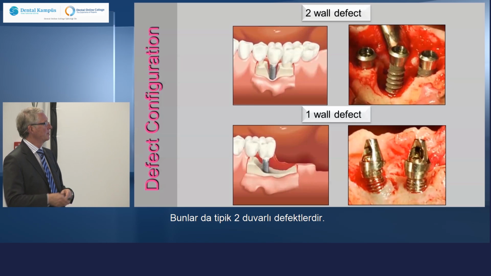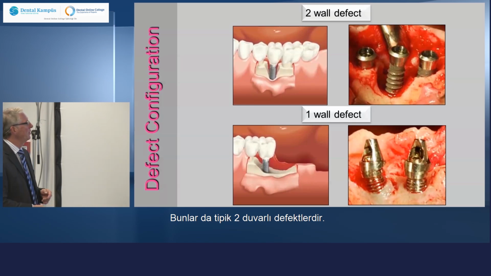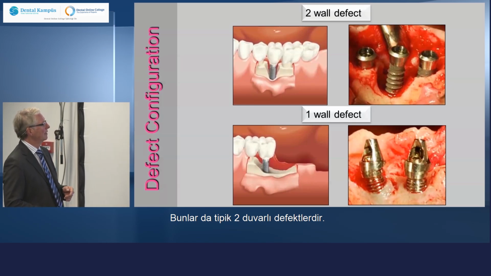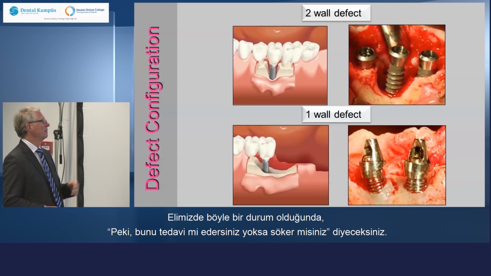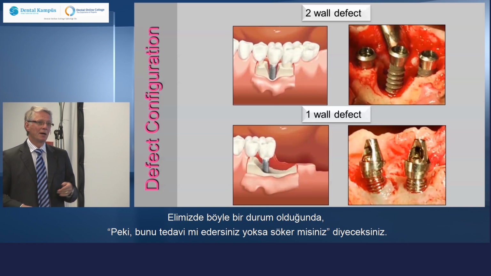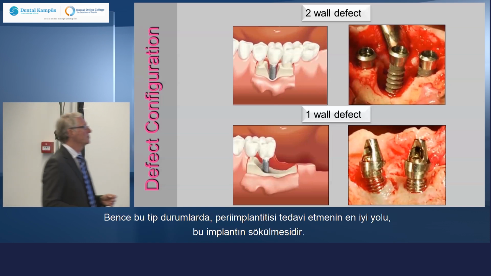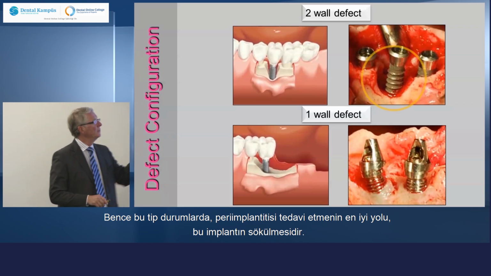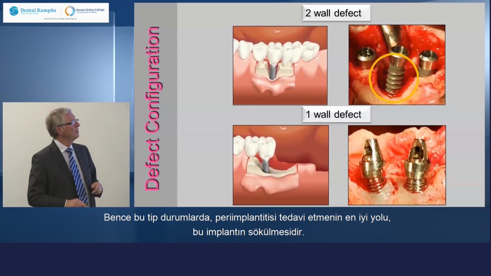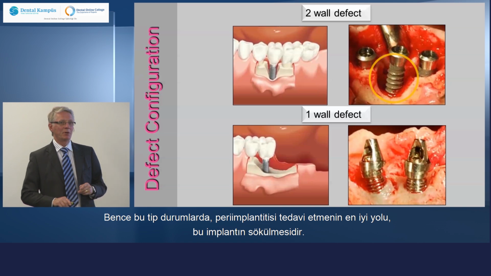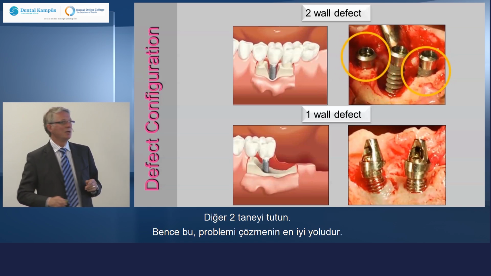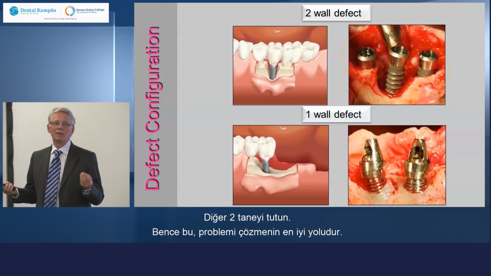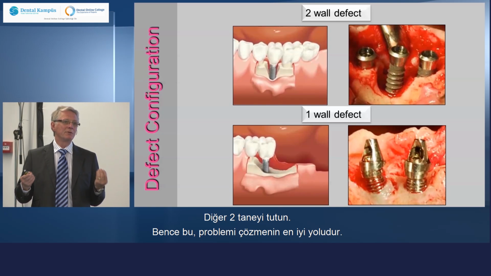So these are the typical two-wall defect where you have it like this, and you can say, okay, would you treat that or would you extract it? I think maybe in many cases the best way to handle the periimplantitis in this clinical situation is removal of that implant and just keep those two. I think this is the easiest way to solve the problem.